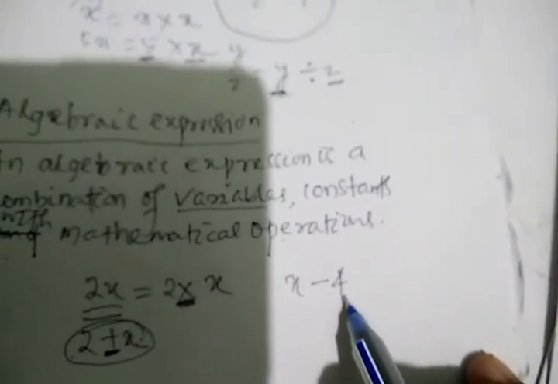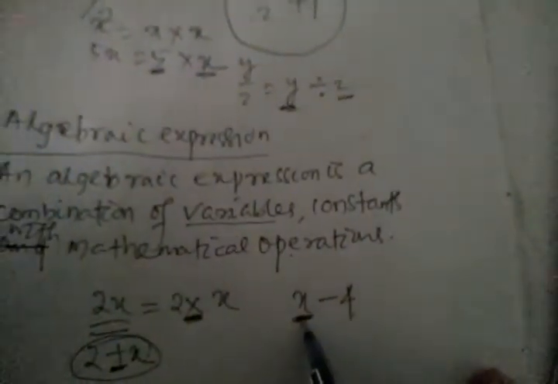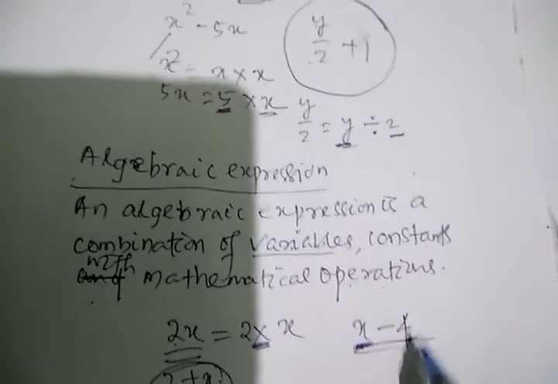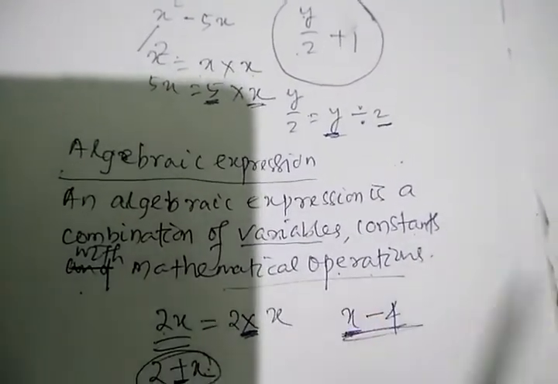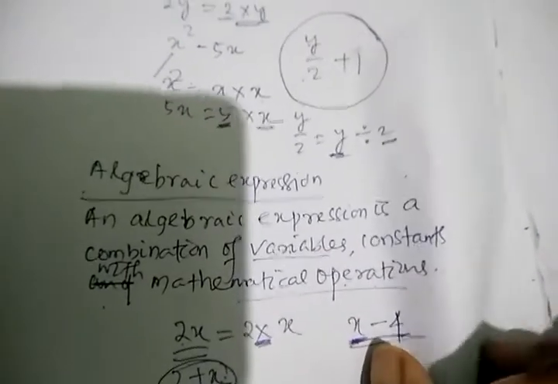Here 4 is subtracted from the variable x. So without mathematical operation, you cannot combine a variable with a constant. So please remember, what are these 4 mathematical operations? Addition, subtraction, multiplication and division. Clear now? So now let us come to the next point.